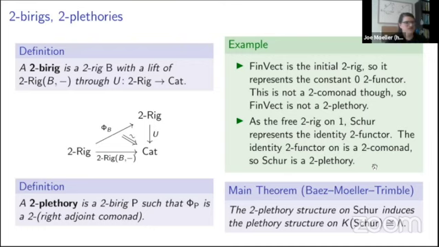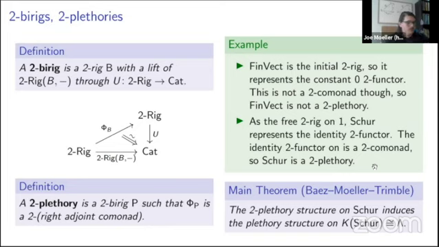And now here's our main theorem. The second main theorem of our paper says that this 2-plethore structure on the category of Schur functors induces the plethore structure on the ring of symmetric functions, or the representation ring of the symmetric groups.